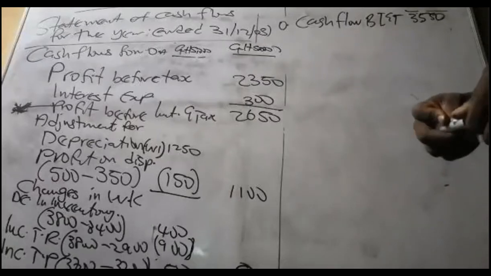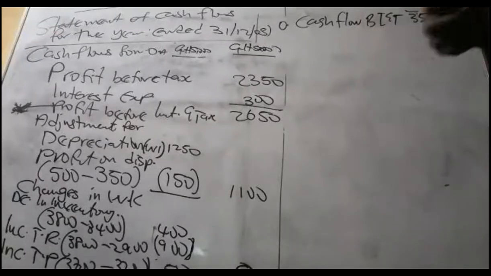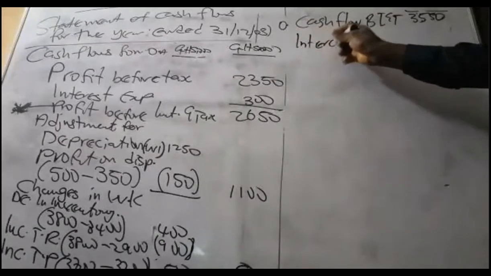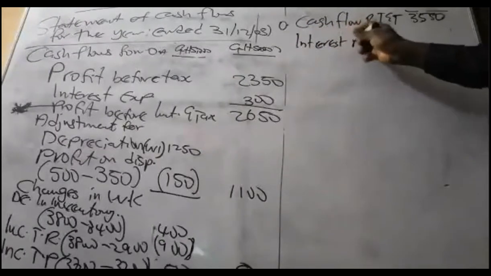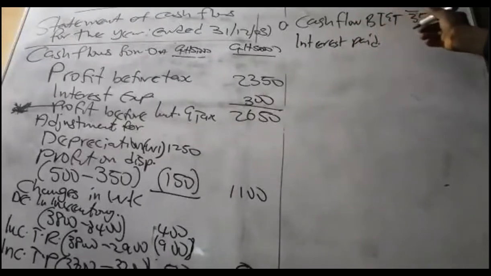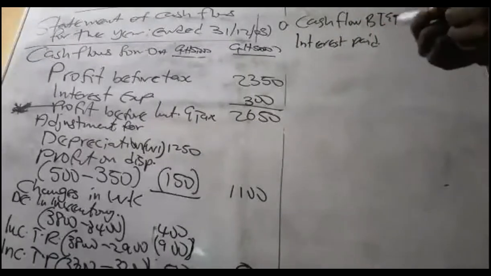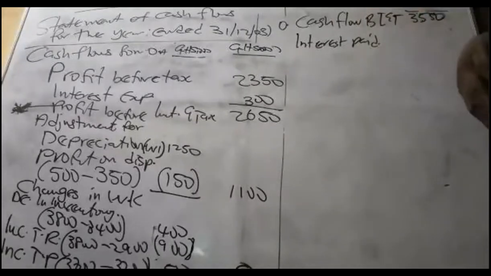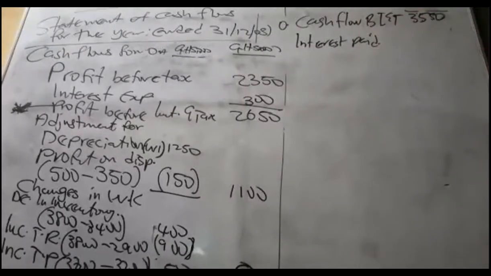Then what do you do again? The two items, the tax paid and then the interest paid. So I'll bring the interest paid here. We said that in this particular question, there's no interest liability stated on the financial position, the balance sheet, among the current liabilities.